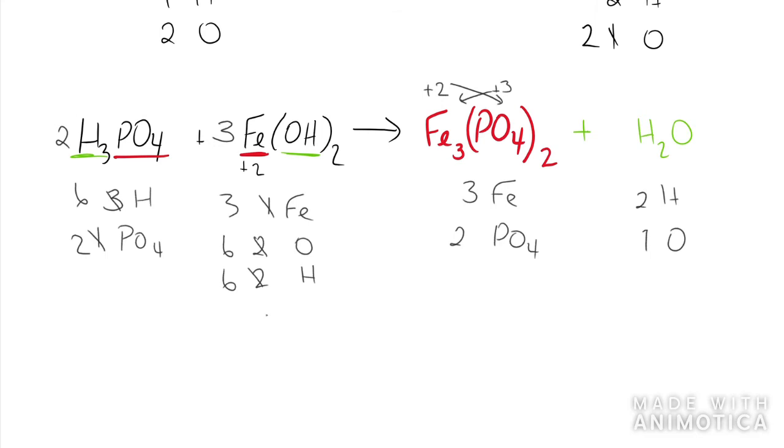So on this side we actually have hydrogen in 2 different spots. So we have 12 hydrogen and 6 oxygen. On this side we have 2 hydrogen and 1 oxygen. So how do we go from 2 to 12? Well, we multiply it by 6. We look, 6 times 2, 12, 6 times 1 gives us 6. So now this is balanced.